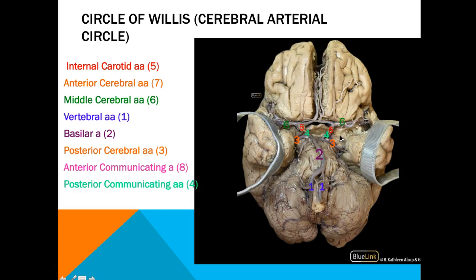So from there, we also see branches called your middle cerebral artery that will course along that lateral sulcus of the brain and give supply to the middle cerebrum. From there, we are going to see your anterior cerebral arteries, and that courses anteriorly. And if you circle these arteries so they continue up this way, they will then course superiorly to your corpus callosum.